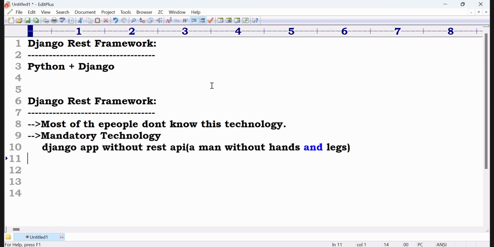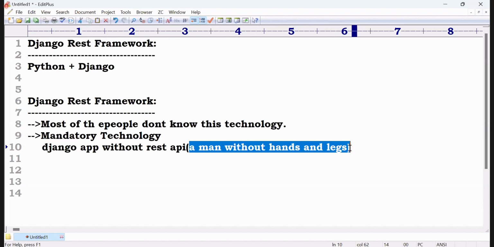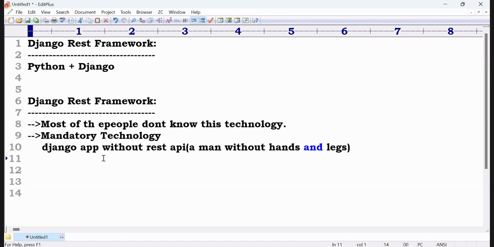No two hands, then problem. No two legs, then problem. So it is the same: only a Django application without REST API means assume a man without hands and legs, how difficult his living is. Same thing is the situation for only Django also. REST API is a compulsory, full added advantage.